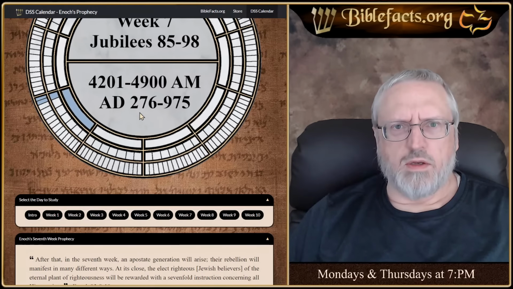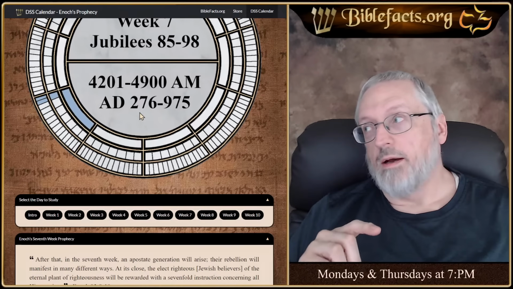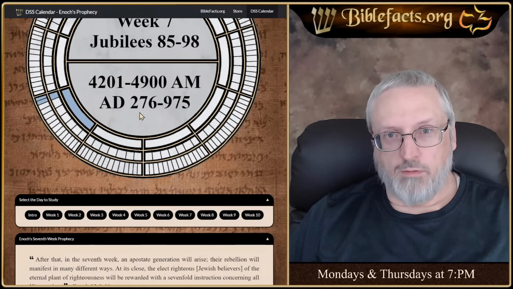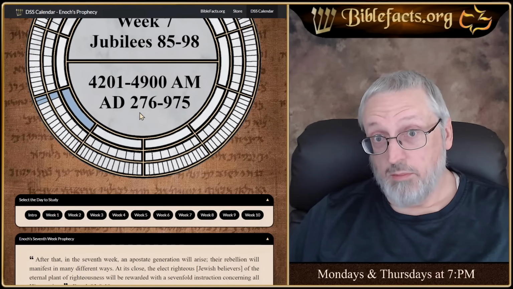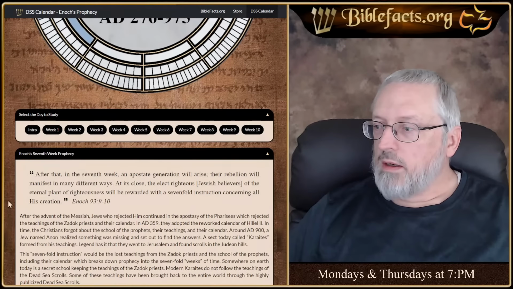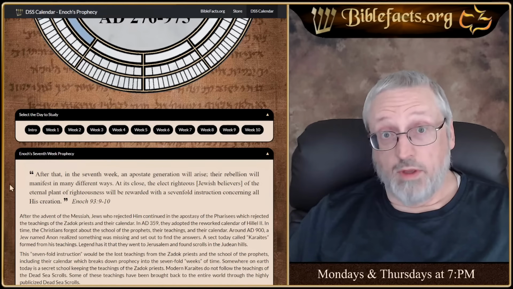And then you've got lots of things going on. You've got somewhere in here, it's definitely not the Kabbalist, because the Kabbalah came about around 1100 to 1200 AD. So that's outside of this time period. But it says the rebellion will manifest in many different ways. So it's probably all of those we're talking about.